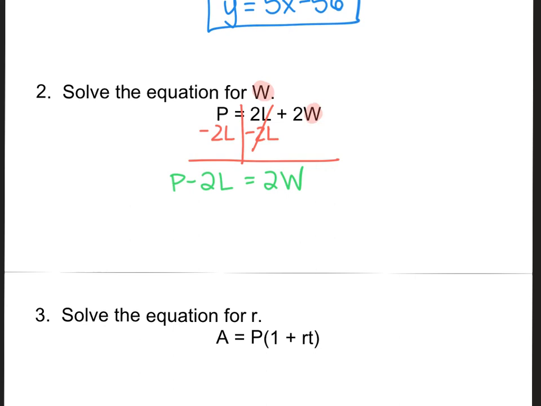So how do we get the W by itself? Well, it's being multiplied by 2, so all we can do is divide each side by 2.